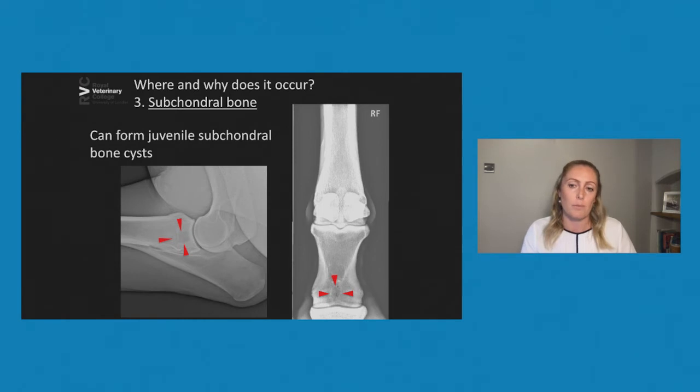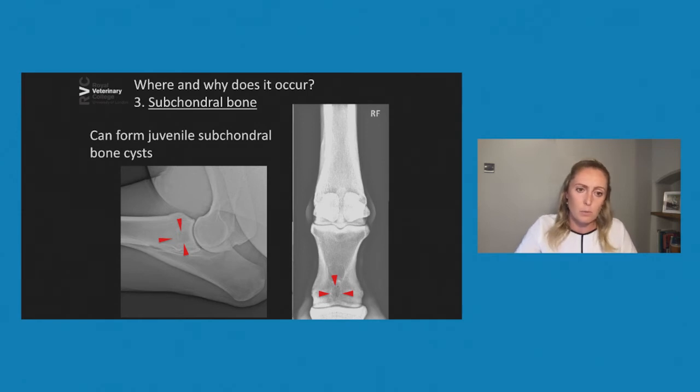There are other processes which can cause subchondral bone cysts. Osteochondrosis is just one pathway, and acquired subchondral bone cysts can occur in horses of all ages. Trauma of the weight-bearing surface is another hypothesized reason.